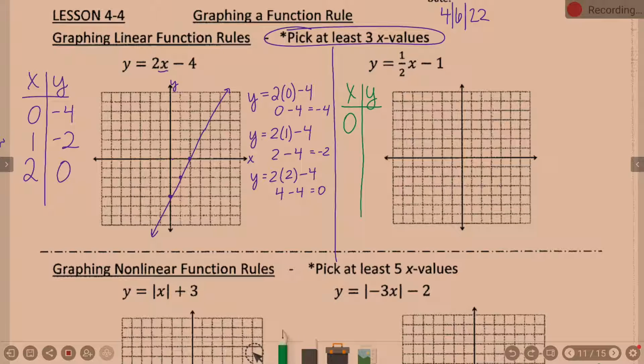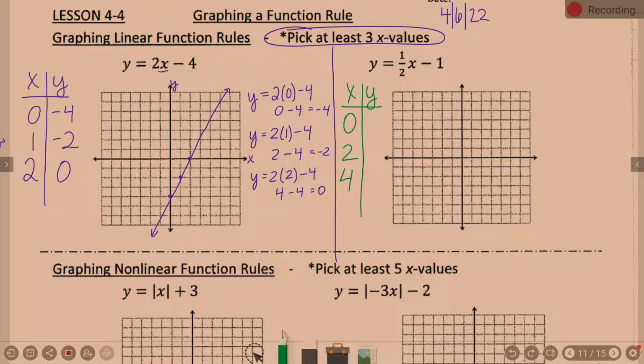No. What numbers can we easily take half of? 2, 6. Even numbers, right? I can do half of 2 pretty easy, half of 4, half of 6. So because my denominator is an even, it's a 2, I'm going to call them multiples of 2. So 0, 2, 4. If you need to keep going, 6. You can use negative 2. But then the nice part is we don't have to work with fractions.